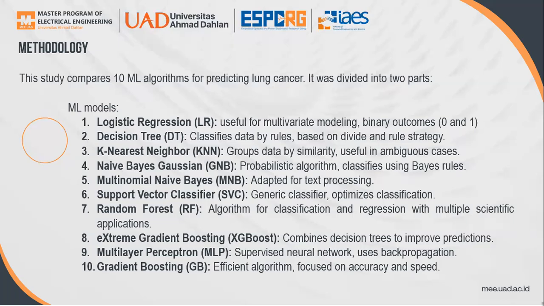Extreme gradient boosting combines decision trees to improve prediction. Multilayer perceptron, a supervised neural network that uses backpropagation. Gradient boosting, an efficient algorithm focused on accuracy and speed.